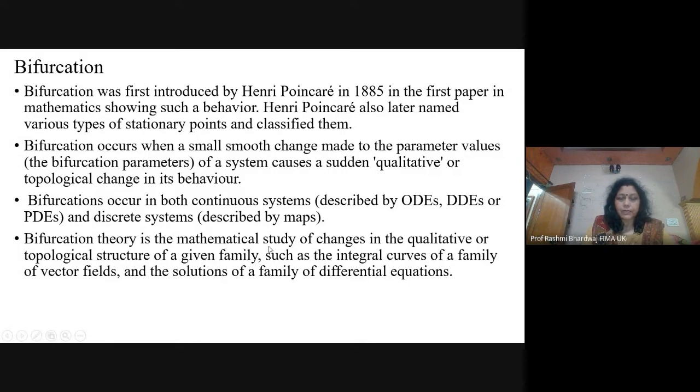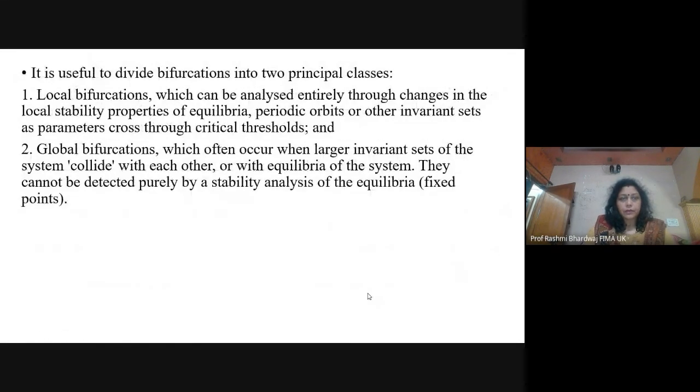It is the mathematical study of changes in the qualitative or topological structures of a given family, such as integral curves of a family of vector fields and the solutions of a family of differential equations. It is useful to divide bifurcation into two principal classes.